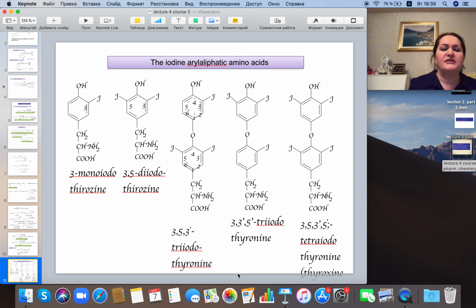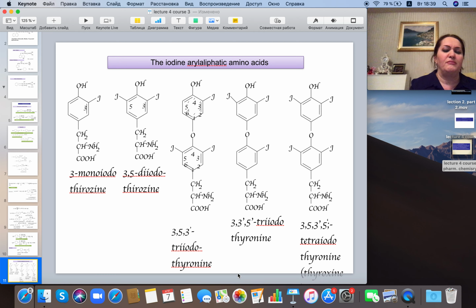And except thyroidin, also used in medical practice is L-thyroxine, which is also tetraiodothyronine, and the synthetic preparation liothyronine, which is 3,5,3'-triiodothyronine.